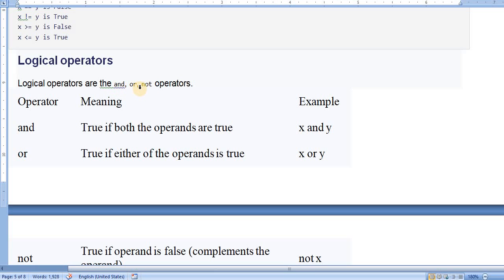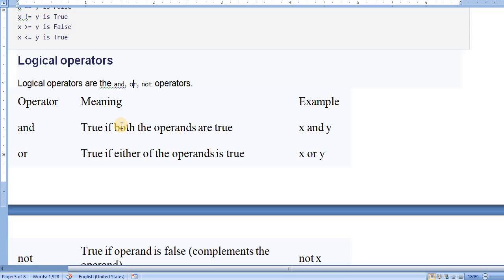So these three are logical operators: and, or, not. And is used to compare two values, and it will return true if both the operands are true.